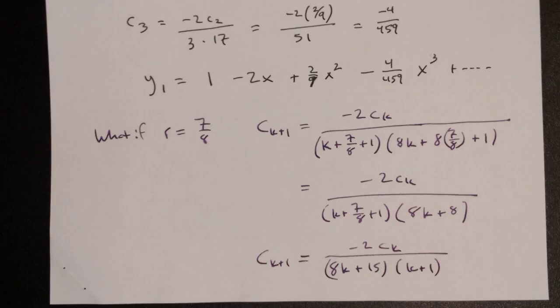Oh, I rigged this so hard, everything works out in nice whole integers. What do I do now? I do the exact same thing. C0 is 1. Build the rest of it.